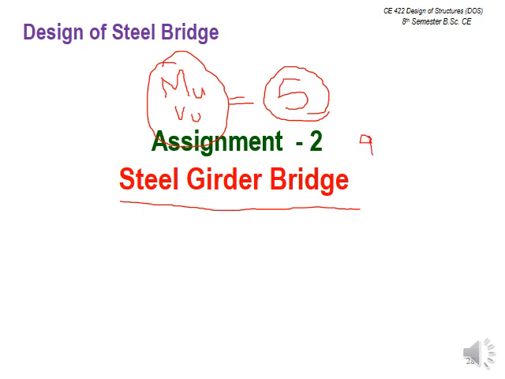Assignment number 2 is for example 9.1. For example number 9.1, you have to design the steel girder bridge, as in a simple plate girder bridge.